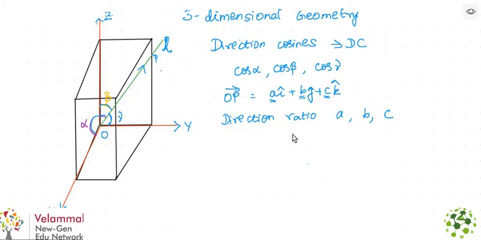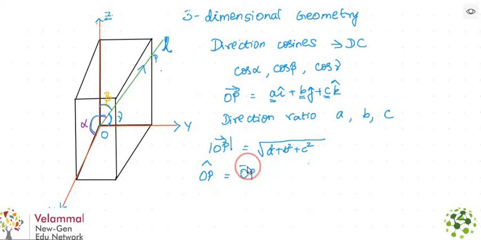So what is the difference between direction ratio and direction cosine? Direction ratio means just the coefficients of i, j and k. Direction cosine, if you want to find, you find the unit vector along the direction of OP. For finding the unit vector along OP, first we need to find the modulus, because do you remember the vector divided by its modulus is the unit vector. So the unit vector will be the vector OP divided by modulus of OP.